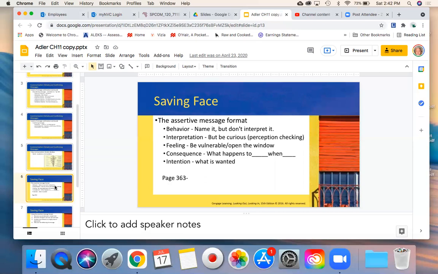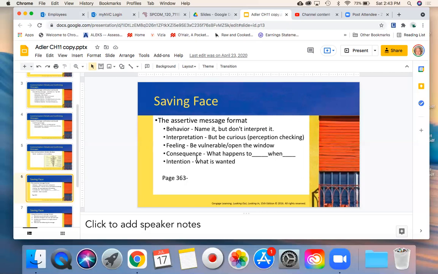This should remind you of another one that we worked on earlier, not the assertive messaging format, but another one from a previous chapter, which said provide at least two possible explanations. An interpretation is not a judgment, it's more of a trying-to-understand type of interpretation.